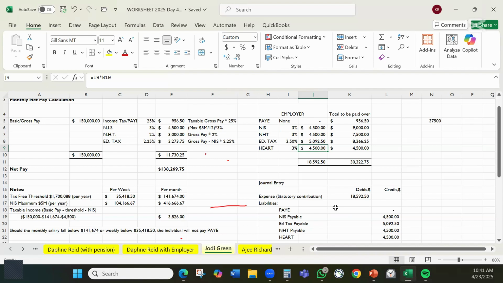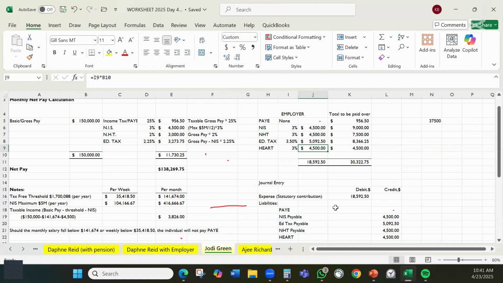You're seeing it on the screen, the 30,000? Yes, the 30,322, which is the piece for the employee plus the piece for the employer.